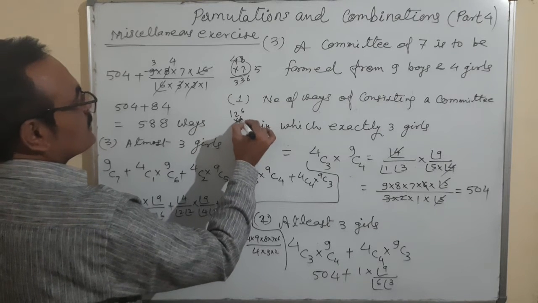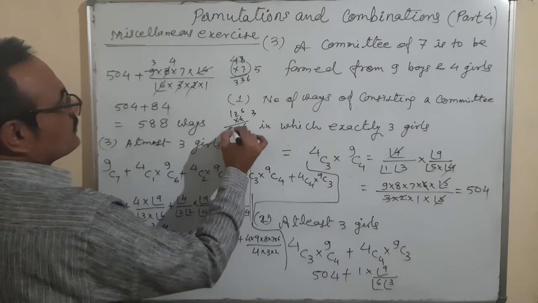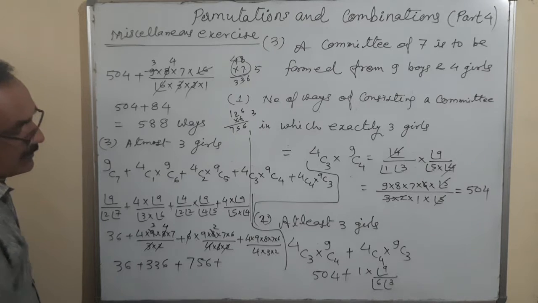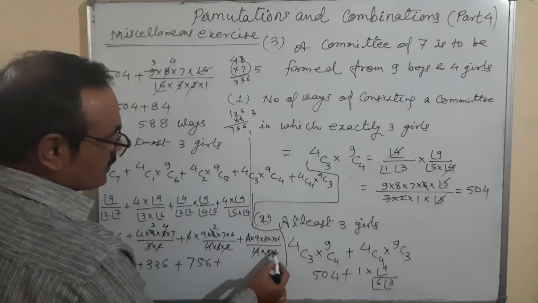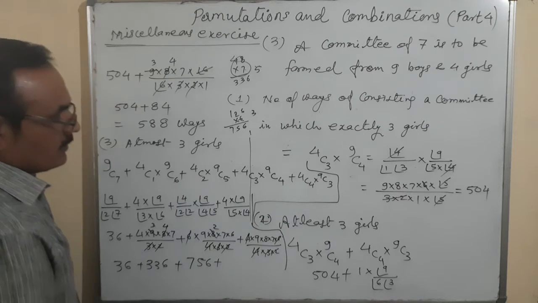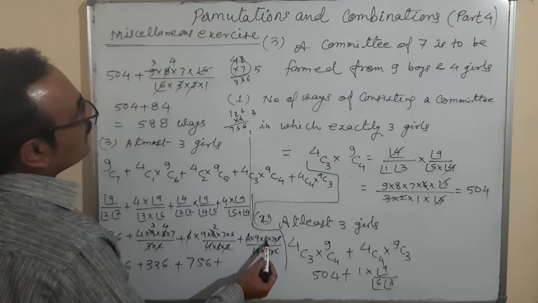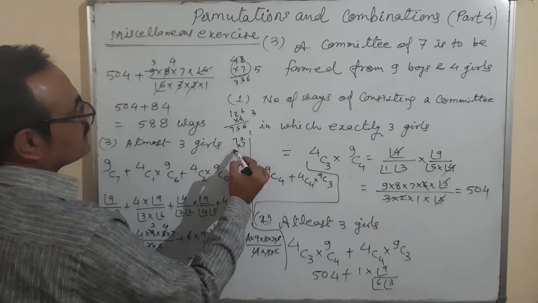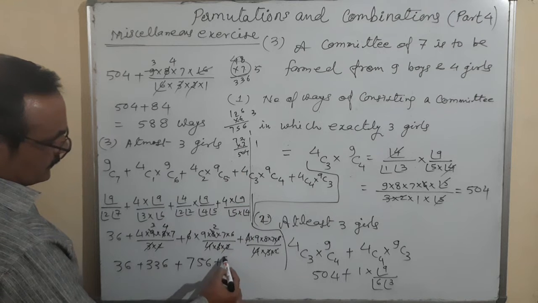126 multiplied by 6, 6 6s are 36, 3 6 2 is 12, 3 15, 1 6 1 7, 756 plus here what happens? This 4 is cancelled, 3 2 is 6 is cancelled, 9 8s are 72, 72 multiplied by 7 is 504.